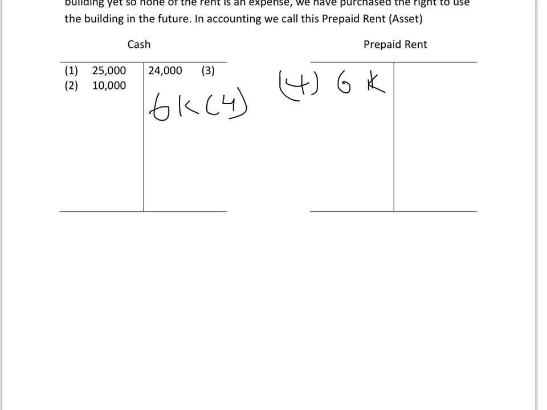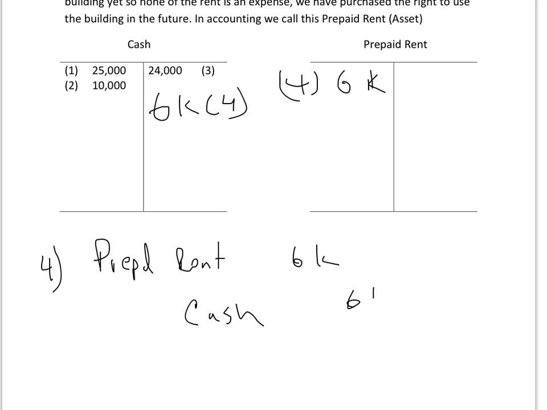So let's do our journal entry. We're going to have prepaid rent, $6,000, and we're going to have cash of $6,000. Again, from an accounting perspective, we didn't change anything but assets. We just transferred stuff within asset classes.